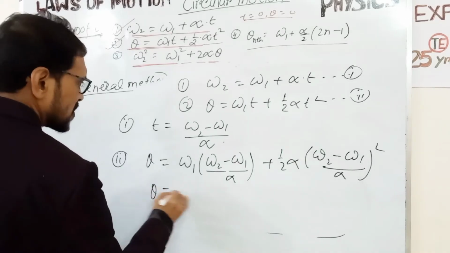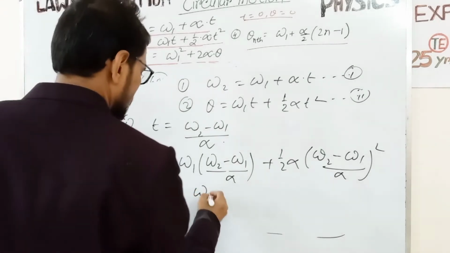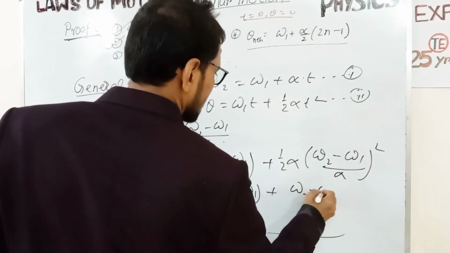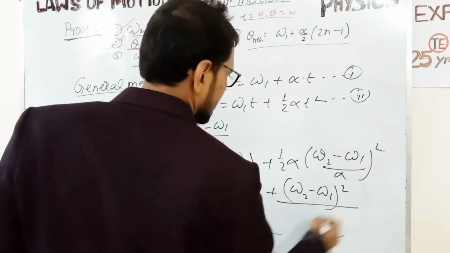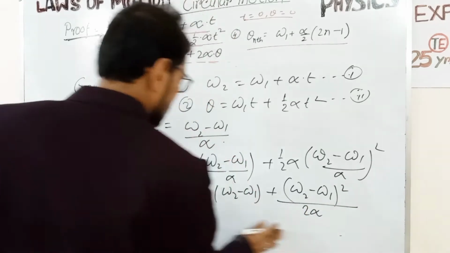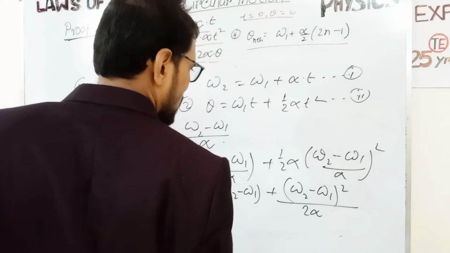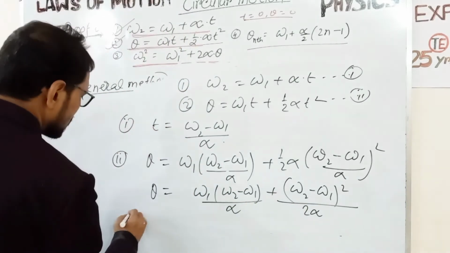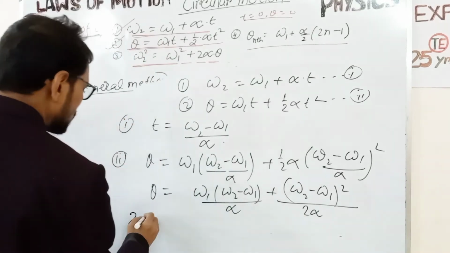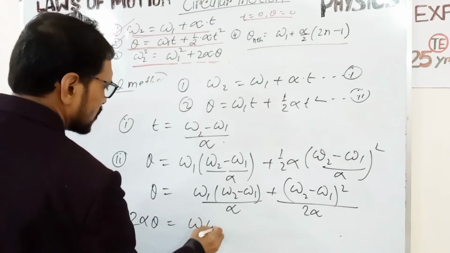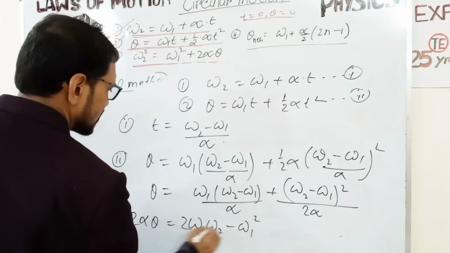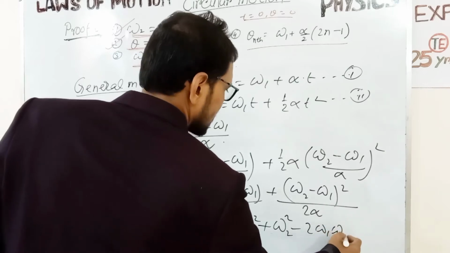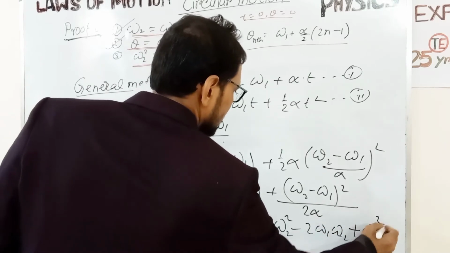Now the LCM is 2 alpha, so 2 alpha theta equal to this.